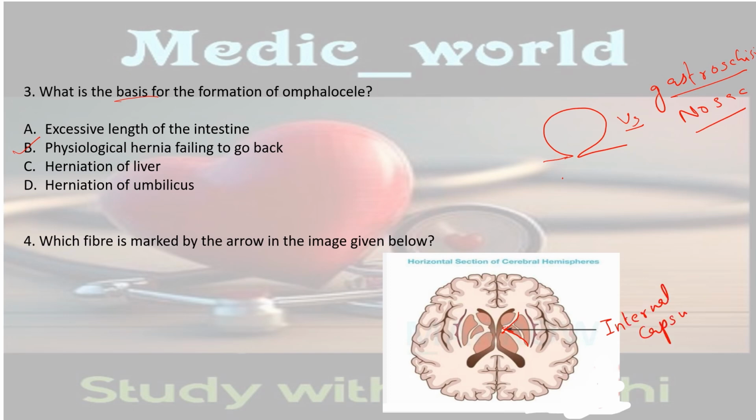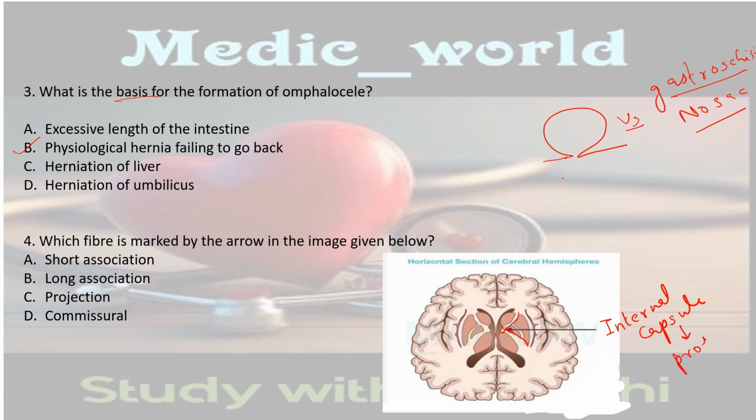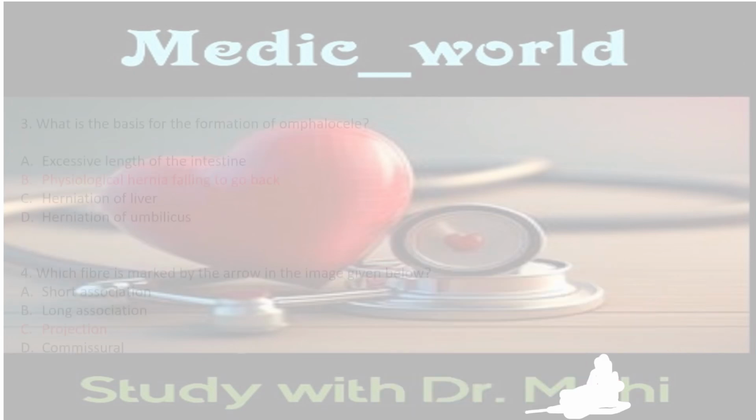Let's see the options. Short association, long association, projection, or commissural fibers. Internal capsule is not in the options, so we all know that internal capsule fibers are the projection fibers. So the answer to this question is option C, that is projection fibers.